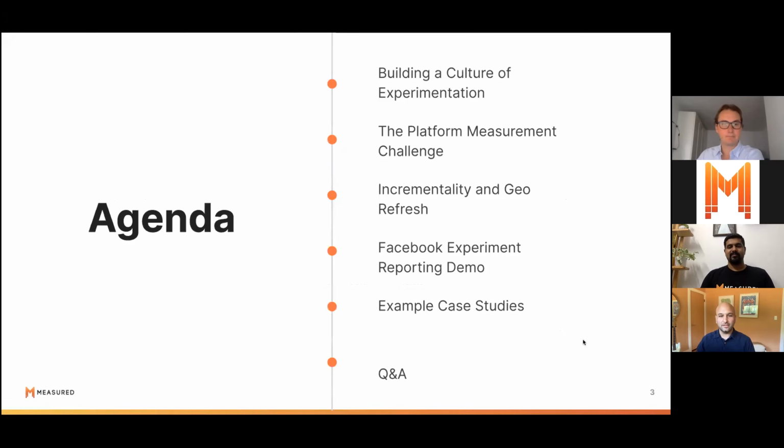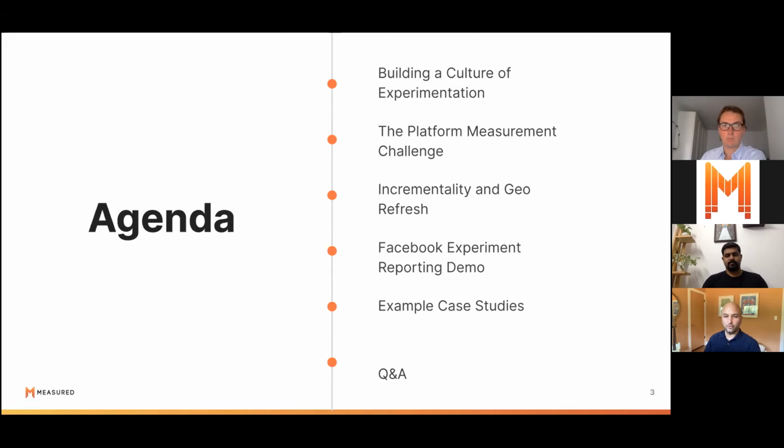All right, let's get right into it. Quick overview of our agenda today. We'll talk briefly about building a culture of experimentation in your brand. We'll talk about the platform measurement challenge and specifically as it relates to Facebook. And we will then do a quick refresh on what is incrementality and geo-testing. We will have a really great demo from Ranjith.